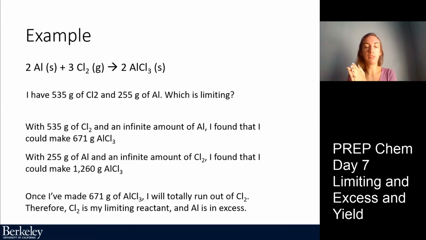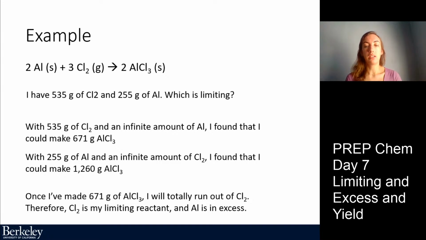So at the point over time that I've made 671 grams of AlCl3, I've totally used up all of my chlorine. Now I can't make any more AlCl3 because I'm out of chlorine. So chlorine is my limiting reactant, basically because that amount of product that I could make is smaller.